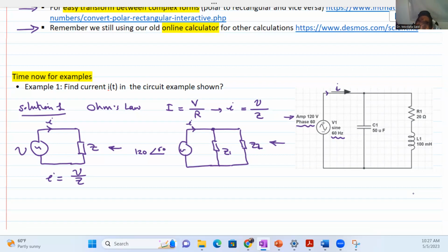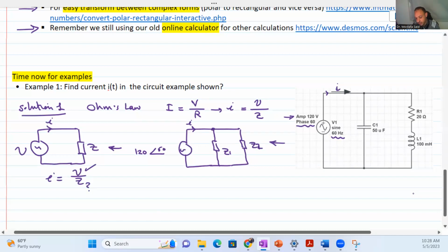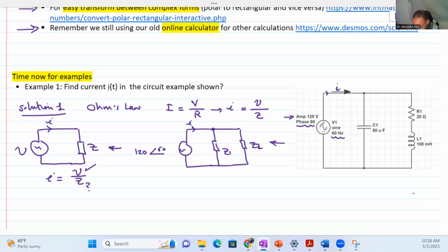So we know V, but we don't know Z yet. Once we find Z, then we find the current I. So how can we find Z? Z is basically Z1 in parallel with Z2.